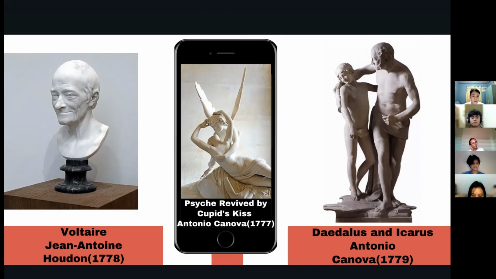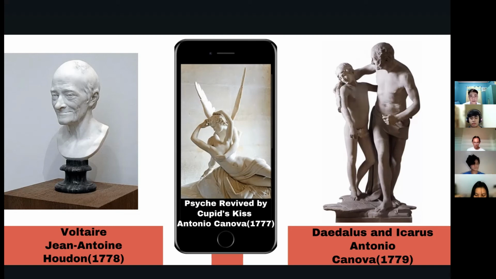This work of his represents François-Marie Arouet de Voltaire, a renowned French philosopher whose intelligence dominated the neoclassical era. As shown in the image, the sculpture includes features such as the philosopher's thinning hair, smile lines around his lips, and wrinkled face.